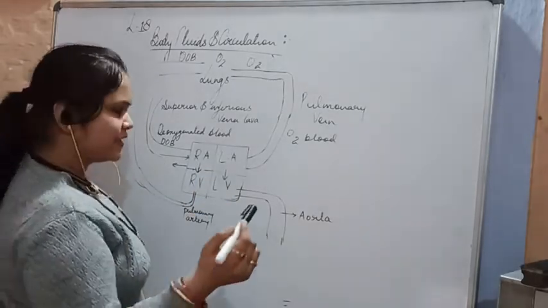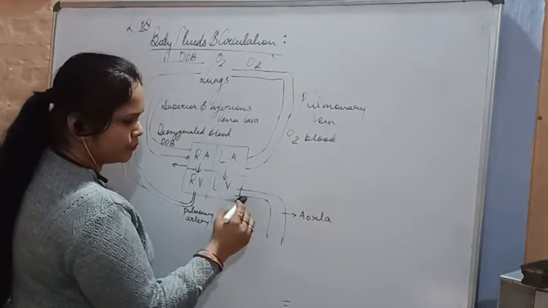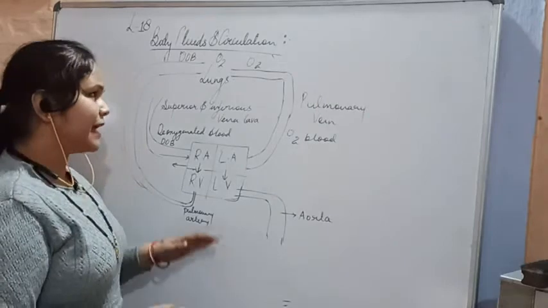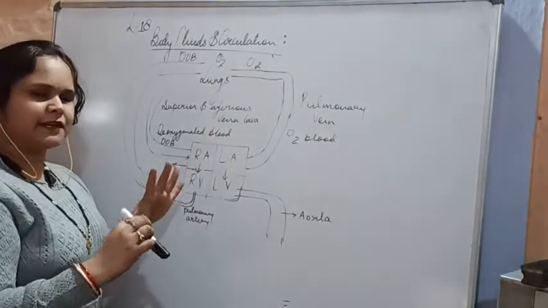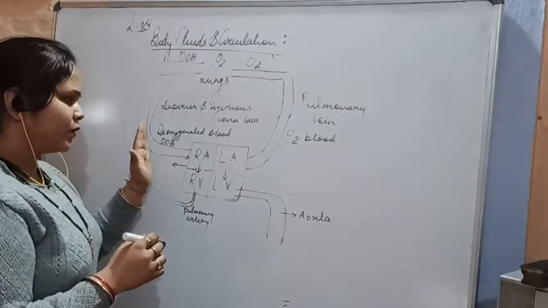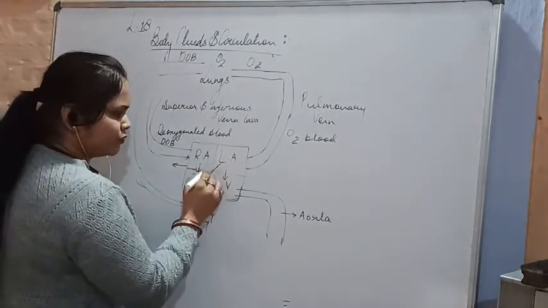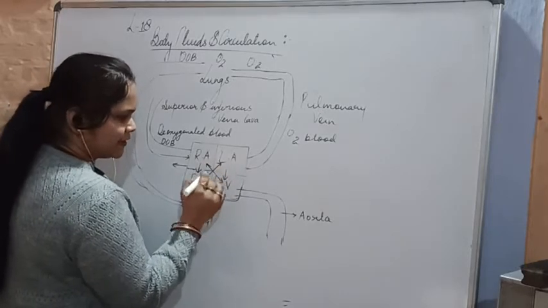Ventricles are distributing chambers, so then the blood is being transported to all parts of the body with the help of aorta. So this is the mechanism of double circulation in a very simple and brief manner, with my flowchart itself. So you can see the two chambers which are helping one another are these two.